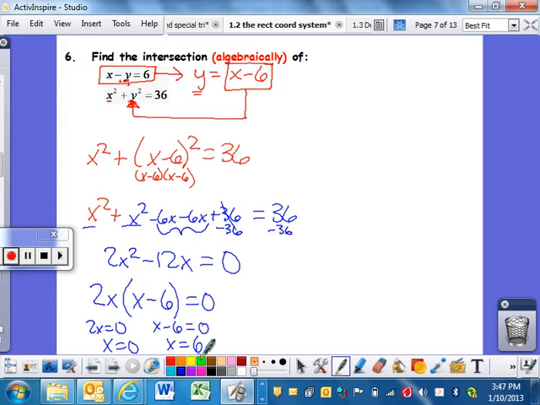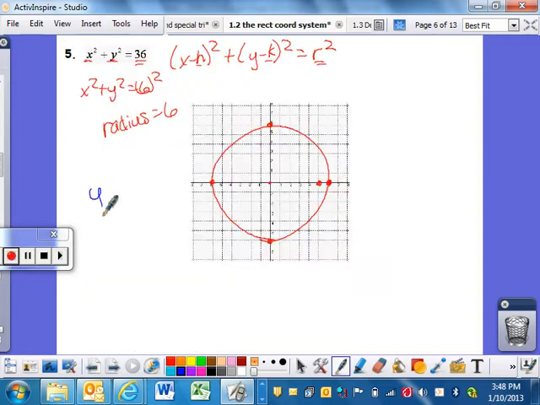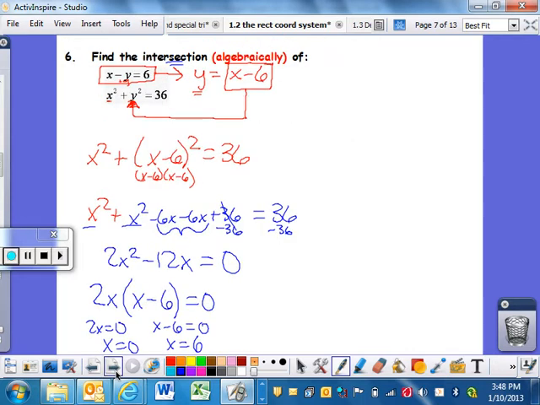Now that's not the end, because find the intersection means if you actually would graph the line y equals x minus 6, intercepts at negative 6, and if you go slope of 1 over 1, if you actually would graph this guy, you would notice that it's 2 coordinate points. You need to find those 2 coordinate points. Okay?